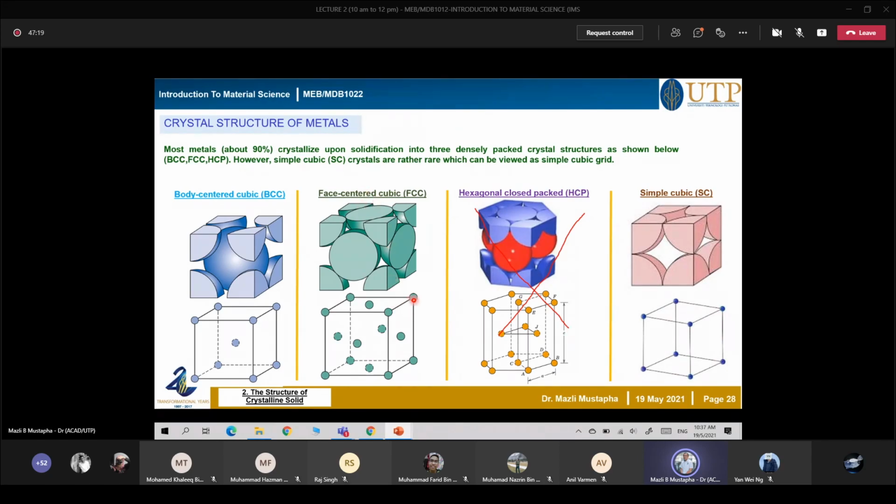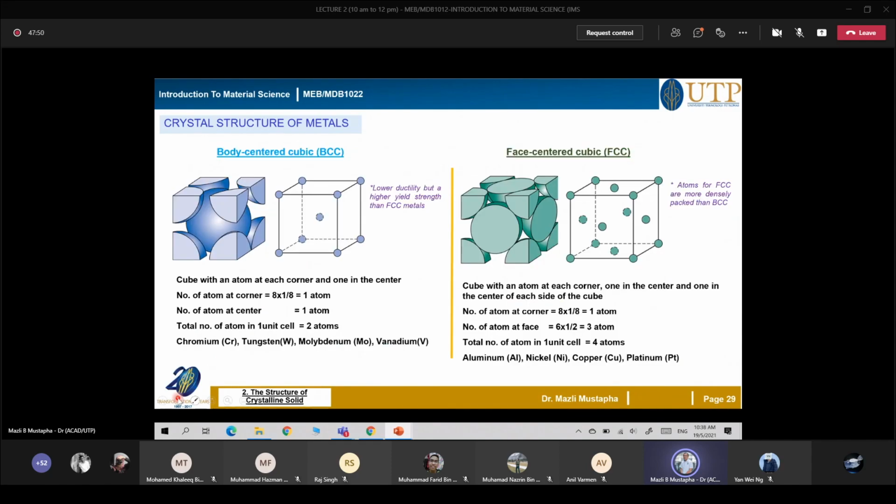For face centered cubic you have 8 atoms at each corner, and also atoms at every face of the cube: one in front, 3, 4, up and below. For the body centered cubic you just draw this: only one in the middle and the rest at the corners. If you have any problem just let me know.